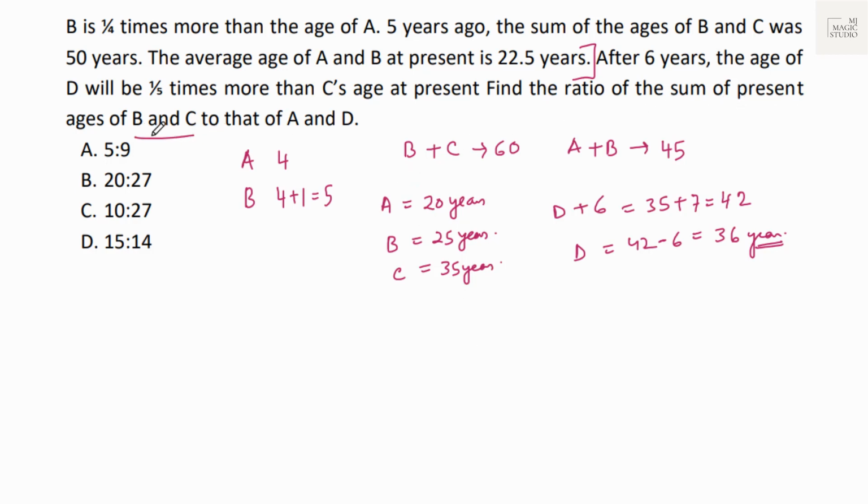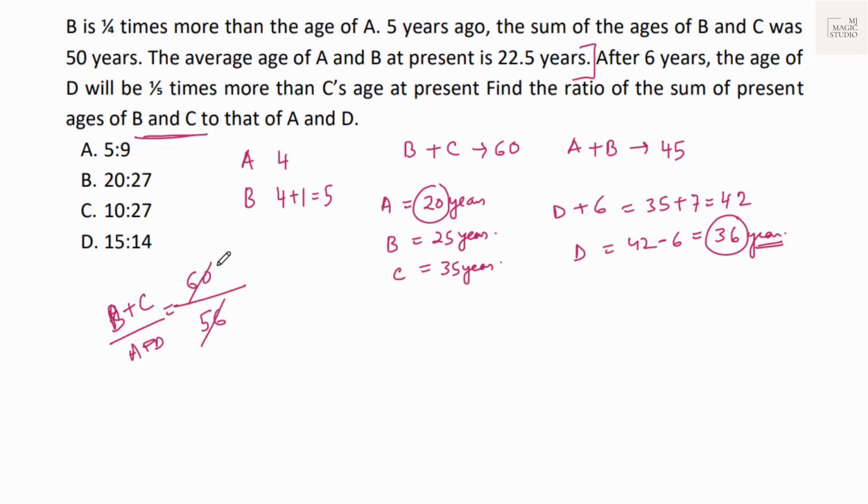Find the ratio of the sum of present ages of B and C, which is 60, to the sum of present ages of A and D. A is 20, D is 36. So this is 56. We are looking for the ratio of B plus C divided by A plus D. That is 60 by 56.